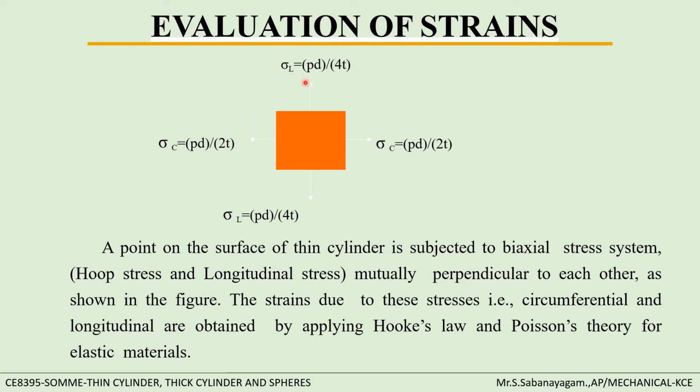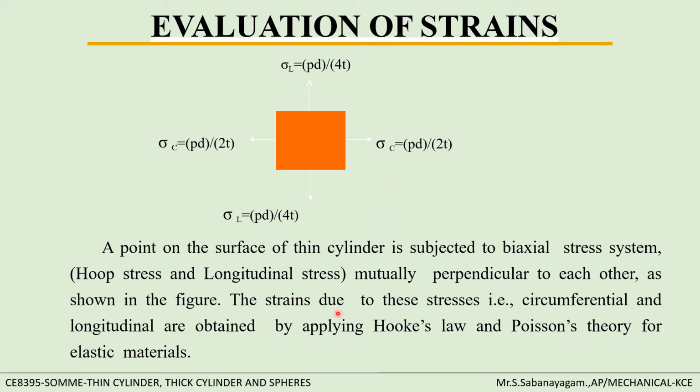Similarly for the longitudinal stress. A point on the surface of a thin cylinder is subjected to a biaxial stress system, that is hoop stress and longitudinal stress, mutually perpendicular to each other, that is 90 degrees.